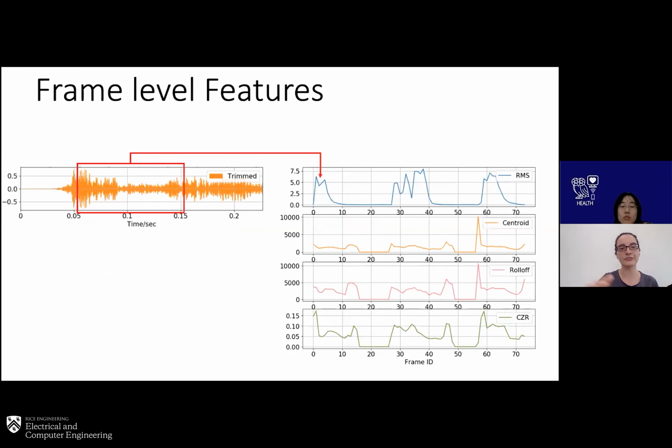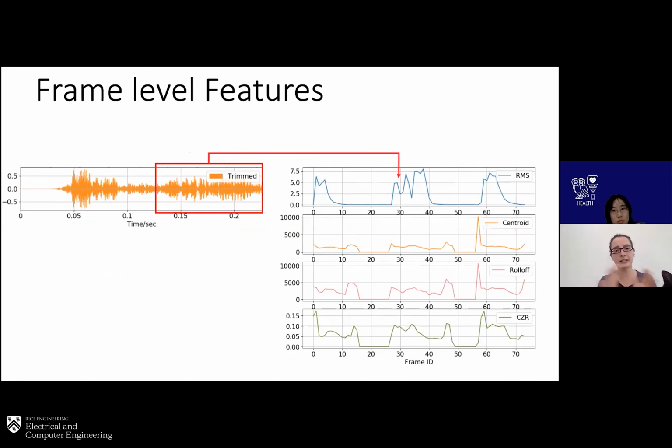Also, in terms of frame-level features, 100 millisecond sliding windows with an overlap of 50%, and features that can tell us a bit about the level of energy and magnitude of the spectrogram, essentially. These are very typical audio features. I don't think I should bore you with them. You find the details in the paper.